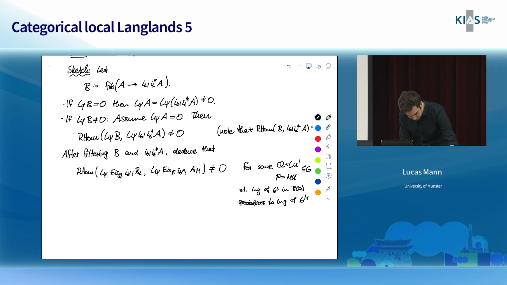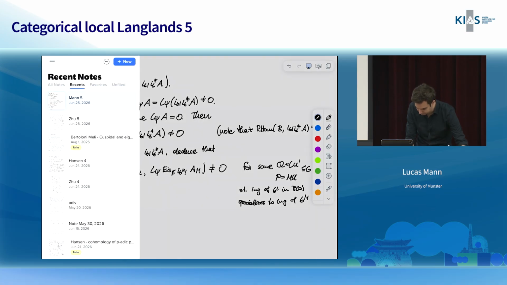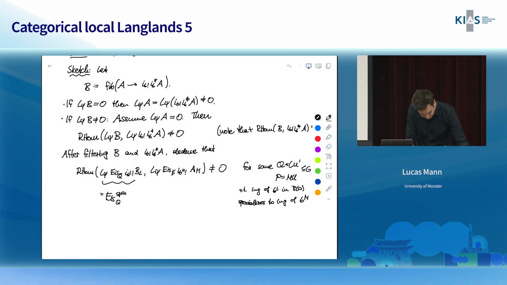of this BM. Okay, but now I rewrite this using the Eisenstein compatibility as the spectral Eisenstein functor for Q of L psi L I BL lower shriek BL.